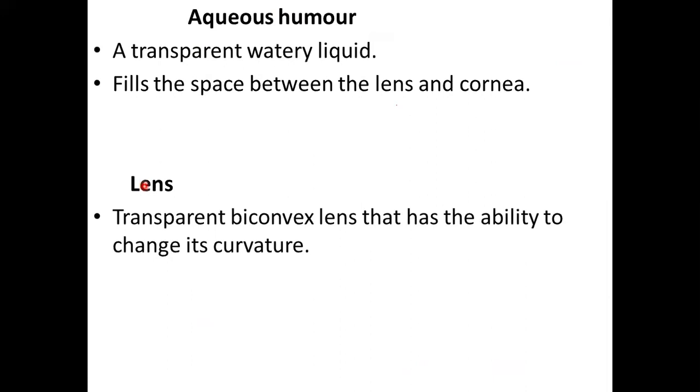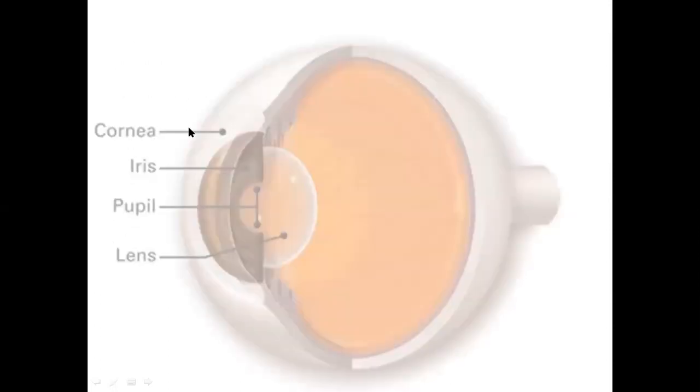The lens is transparent and biconvex. This shape is what we call biconvex. This is the shape of the lens, right? A transparent biconvex lens that has the ability to change its curvature is called the lens. What is this lens doing? It focuses the image on the retina. We will see later how it focuses.